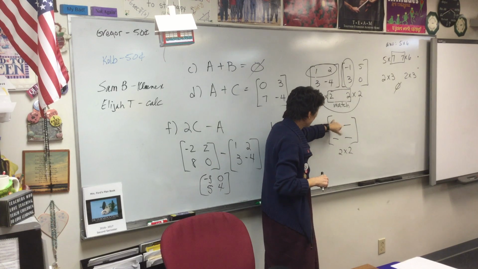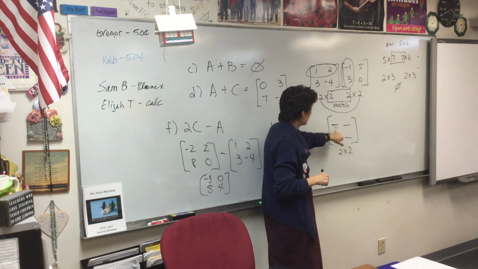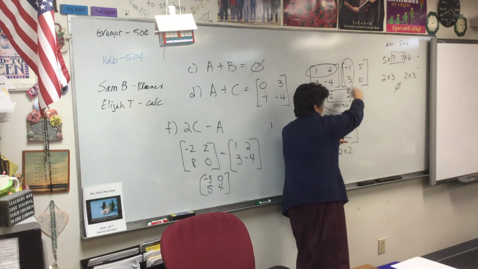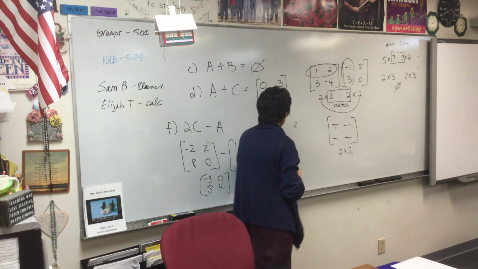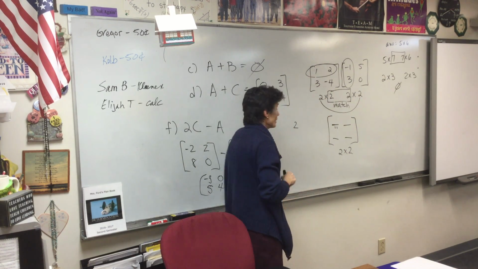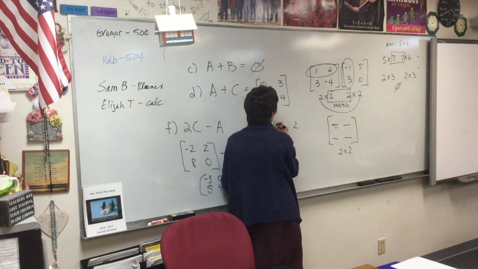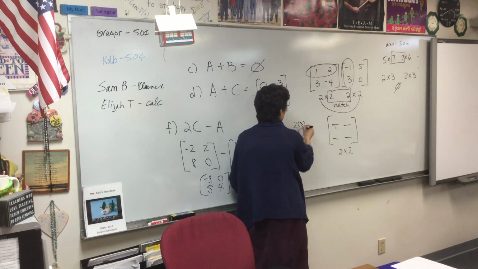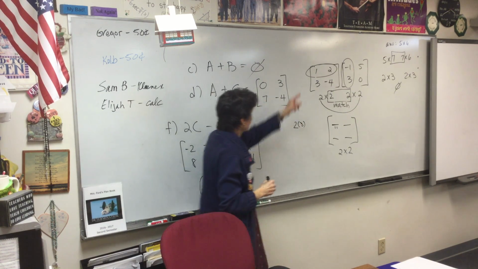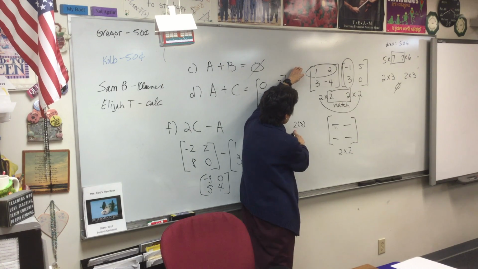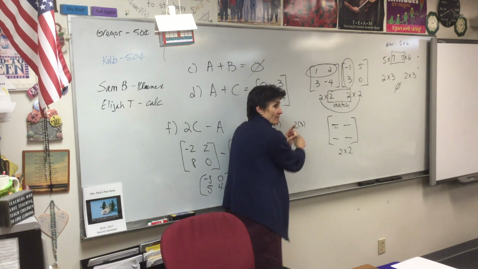This number that I'm trying to figure out, what goes right here, is in the first row, first column. So I'm going to write down that first row of numbers. Right next to these, I'm going to write down the first column of numbers. So here's my first row, and then -1, 3 is my first column.